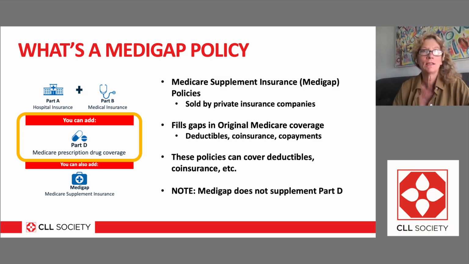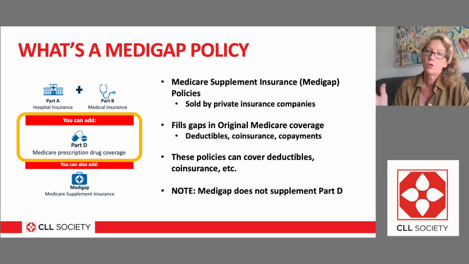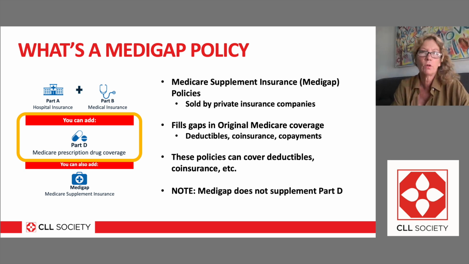So you can consider it almost as if you were newly eligible. If you wish to do that, you could switch from a Medicare Advantage to regular Medicare. You can switch from regular Medicare to Medicare Advantage. You can treat it as an initial enrollment period.